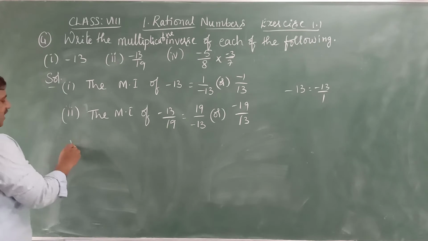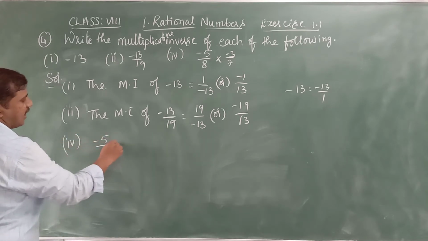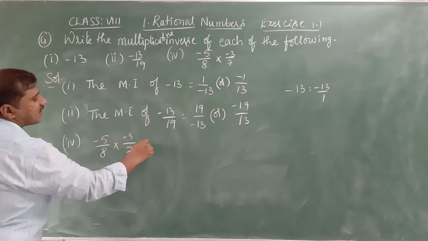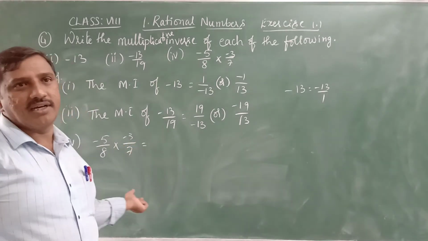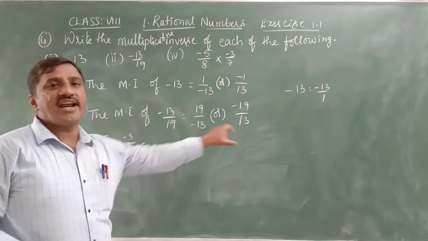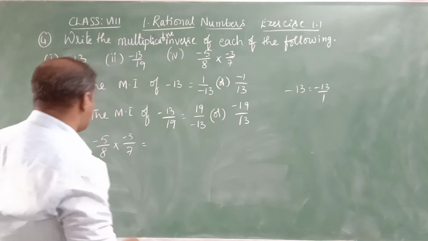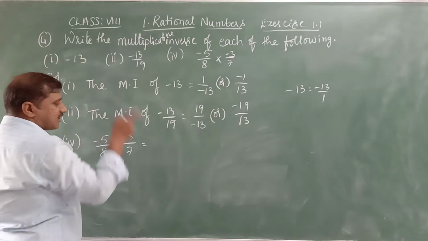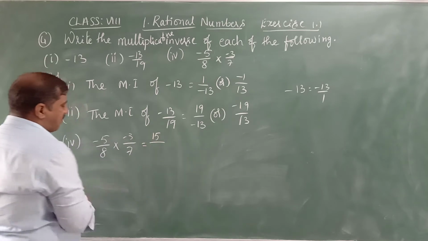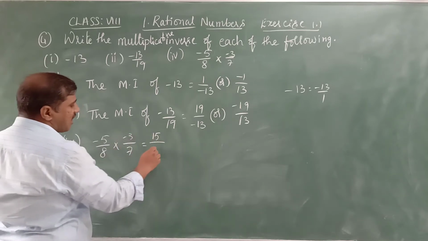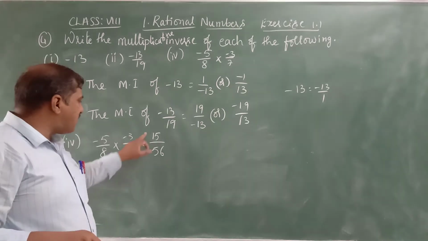Now the fourth bit. Here two rational numbers are given: minus 5 by 8 into minus 3 by 7. Find the product of these two rational numbers. Next to that product, write the reciprocal or the multiplicative inverse. So minus into minus is plus, 5 into 3, 5 threes are 15, divided by 8 into 7, 8 sevens are 56. Now the multiplicative inverse of 15 by 56.